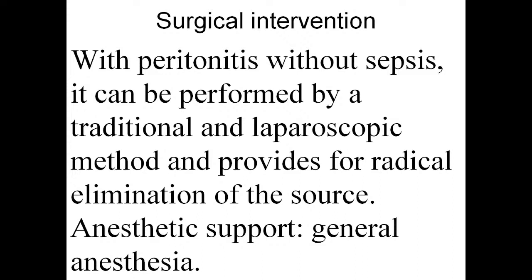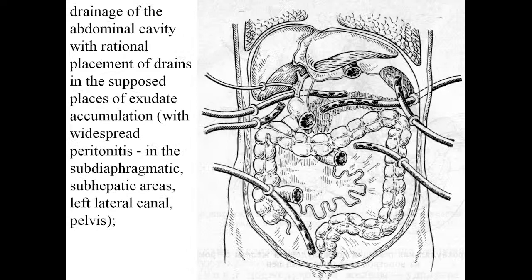Anesthetic support is general anesthesia. Students, in the slide you can see the drainage of the abdominal cavity, with rational placement of drains in the supposed places of exudate accumulation.